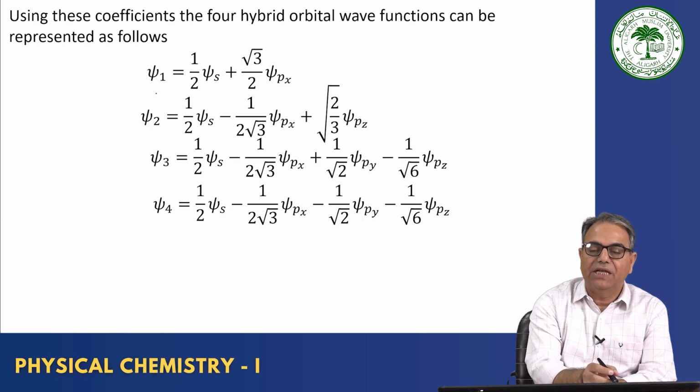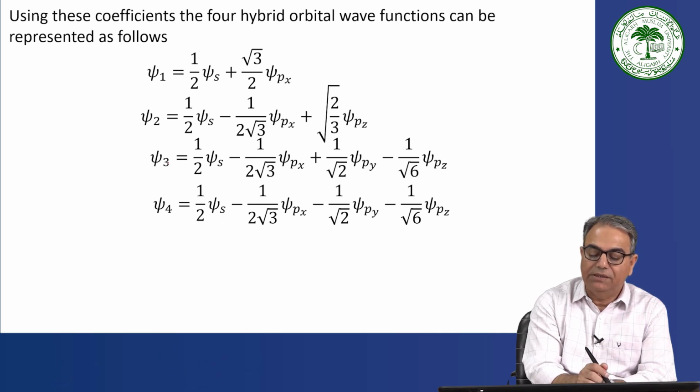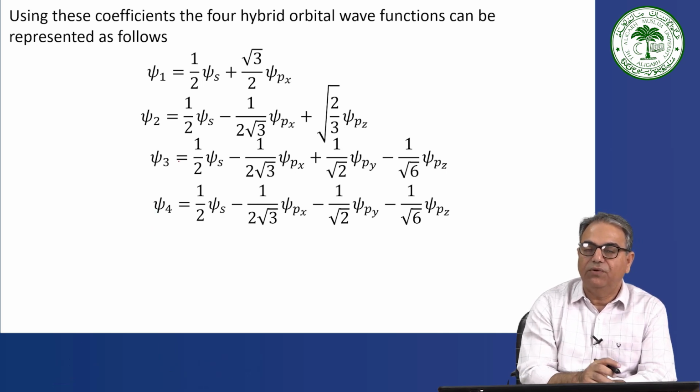You see, psi1 has only the contribution of psi s and psi px, no contribution from psi py and psi pz. Psi 2 has contribution from psi s, psi px and psi pz, but psi py does not contribute. And in psi 3 and psi 4, there is contribution from each of these, psi px, psi py and psi pz, but that contribution is not equal. Okay.